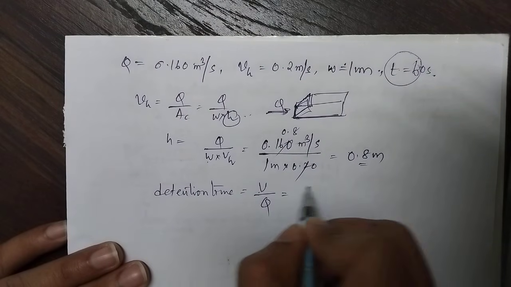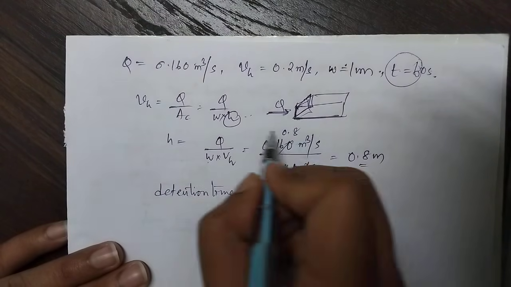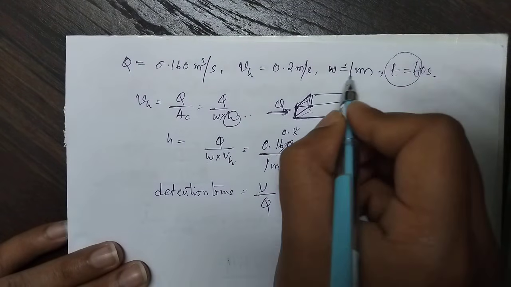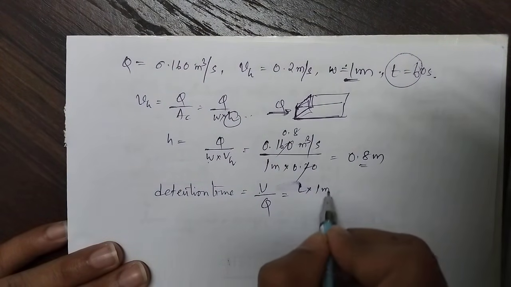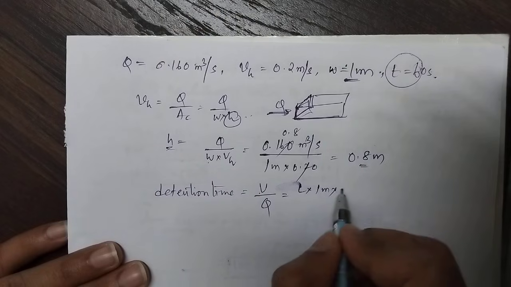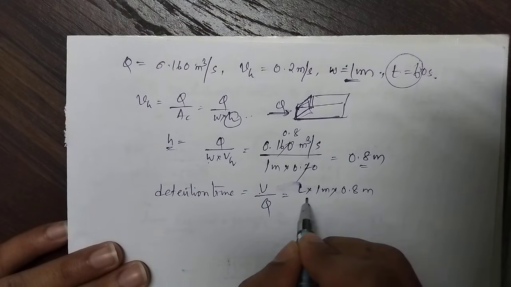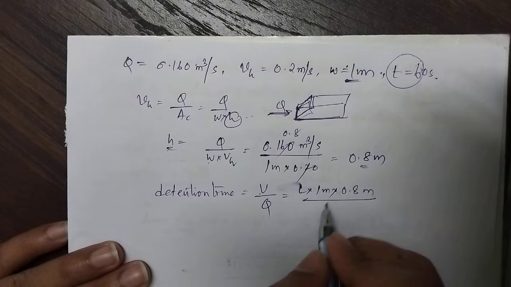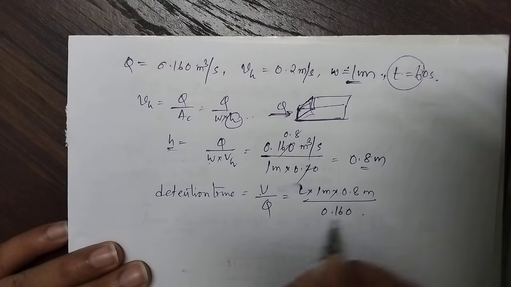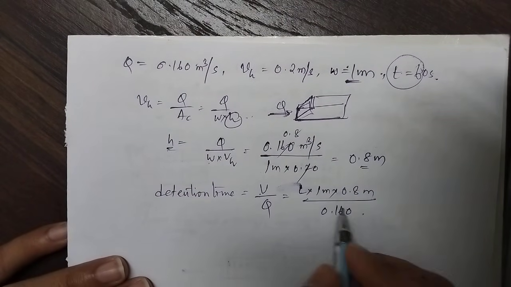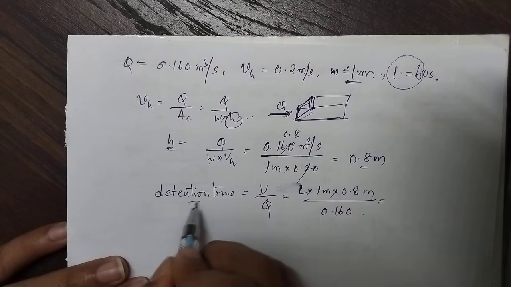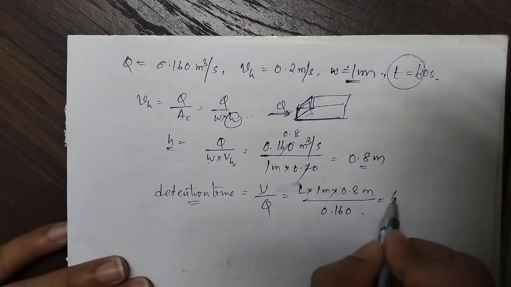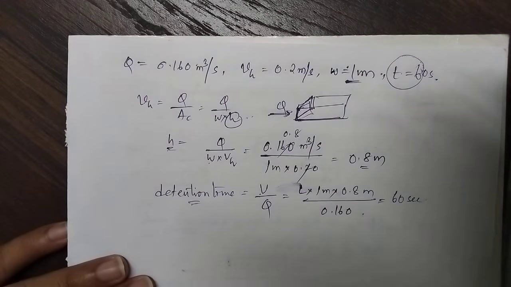Volume of the tank is length into breadth, that is 1 meter, into height, which is 0.8 meters, divided by Q, that is 0.160. This detention time is given, which is 60 seconds.